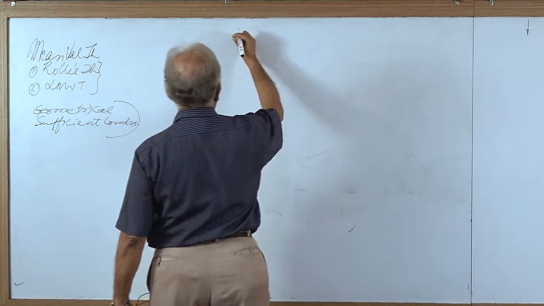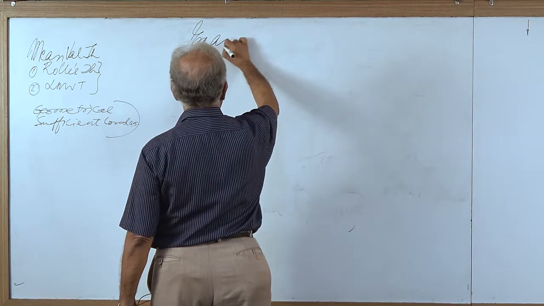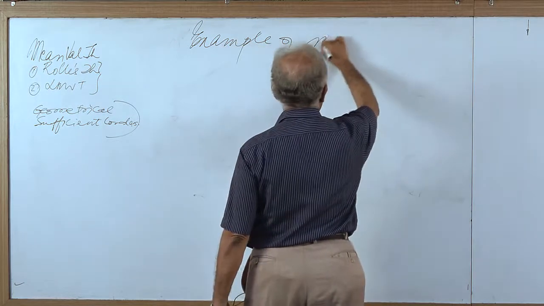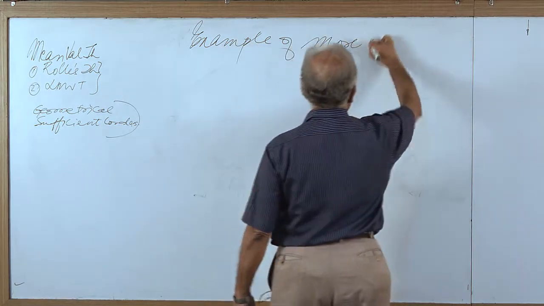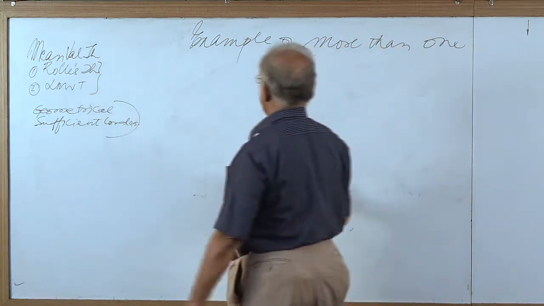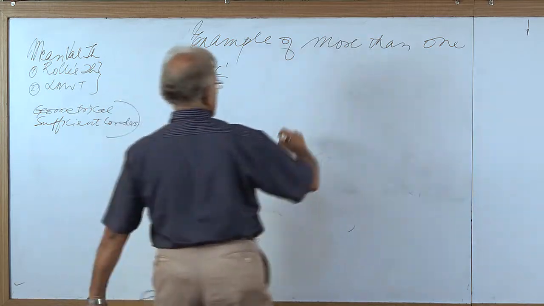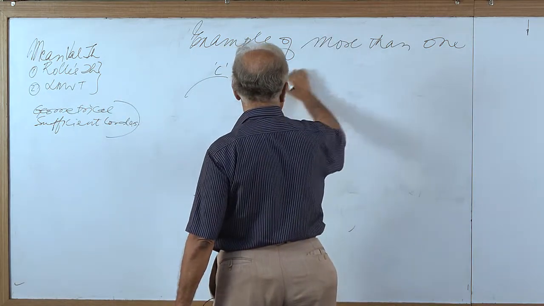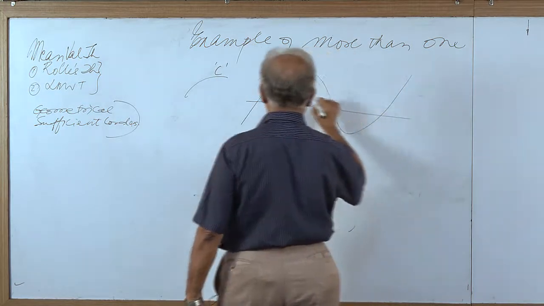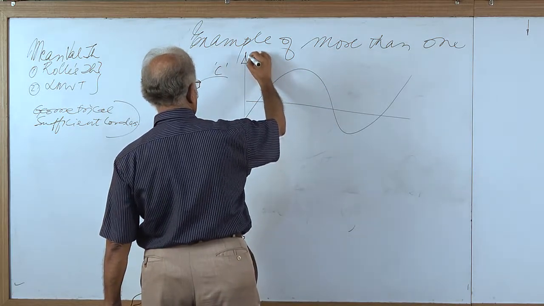So now we take up the case of an example of more than one c. This is the y-axis.